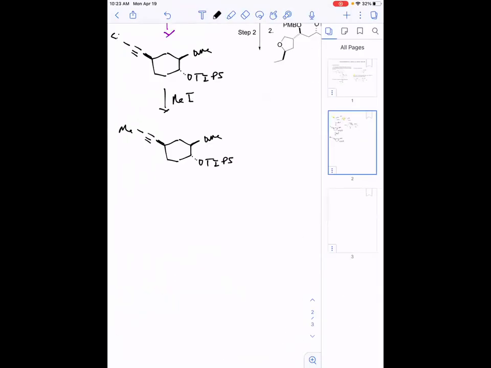Think about something that we've already done. Could you do a hydrozirconation and then convert it to the vinyl bromide? Could you do that?